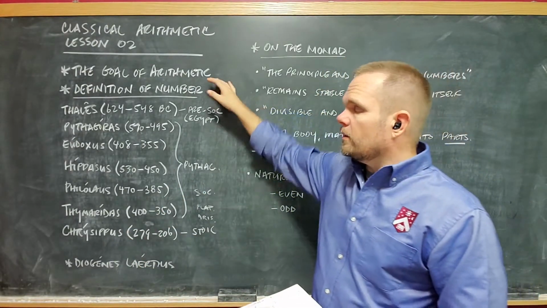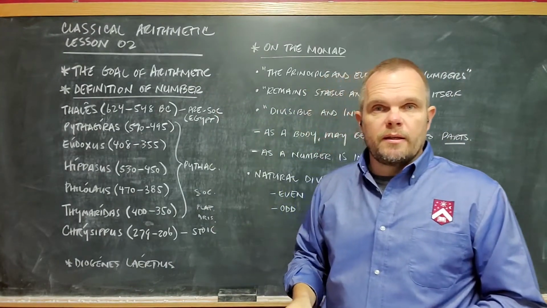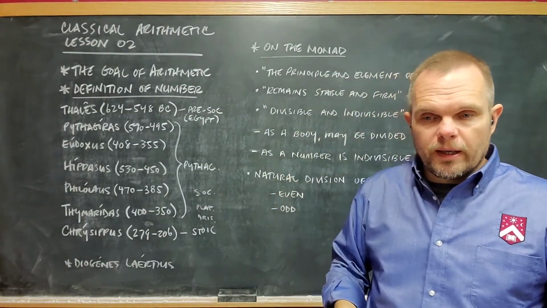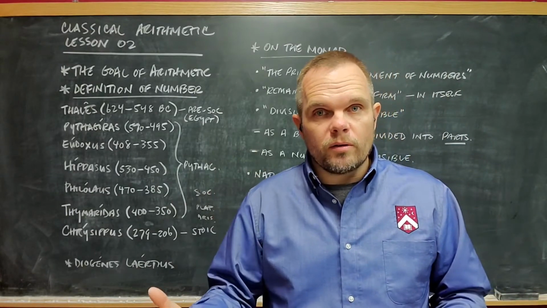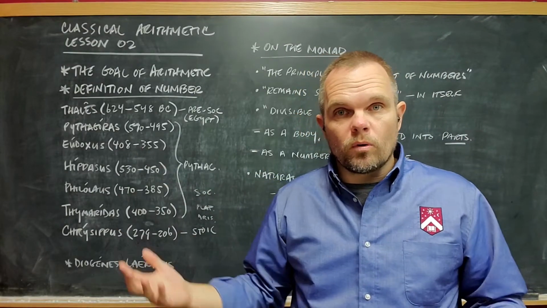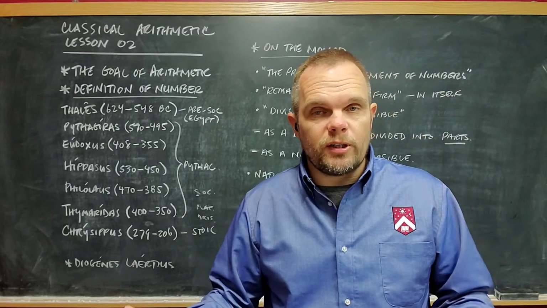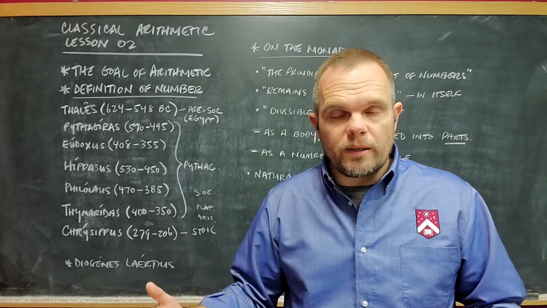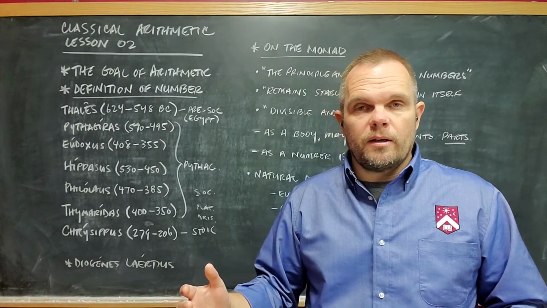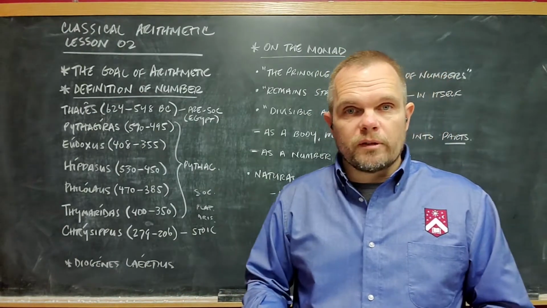So our goal in classical arithmetic is to think about the eternal things in the world, to think about God himself, to think about things that never change, that will always remain the same forever and ever. That's really the goal of arithmetic.